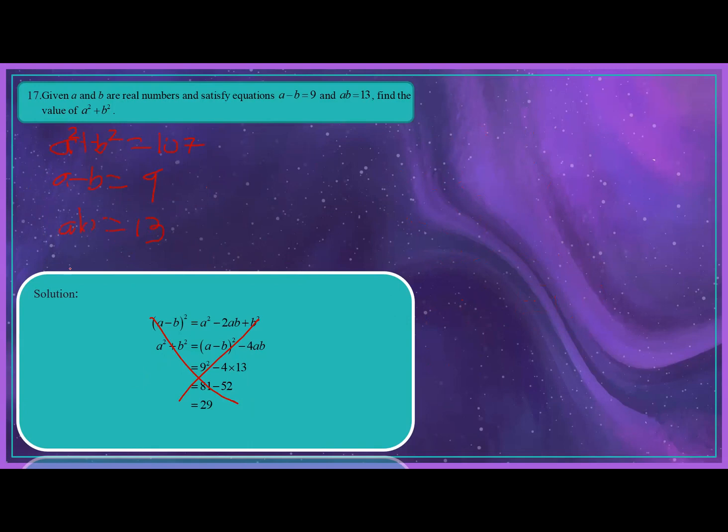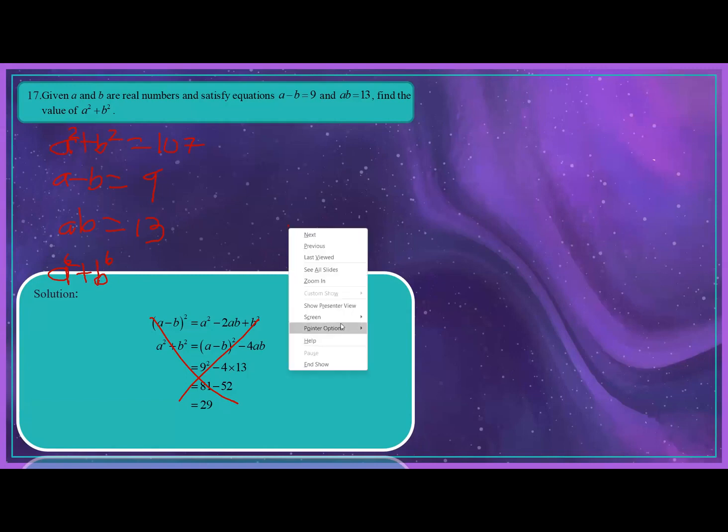I need you to find a to the 6 plus b to the 6. Oh wait, it's a bit hard. Let's cube first. So a cube plus b cube.